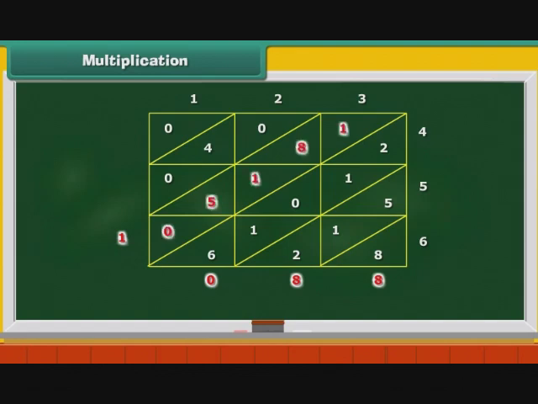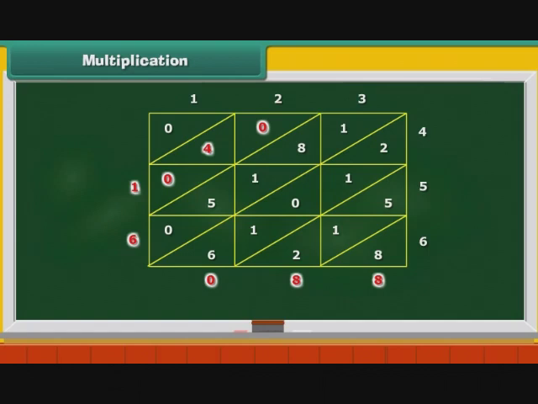It has 5 elements: 1, 8, 1, 5, and 0. Their sum is 16, including the carry over 1. Write 6 and carry over 1 to the next diagonal. It has 3 elements: 0, 4, and 0.